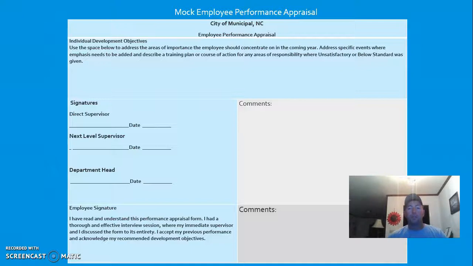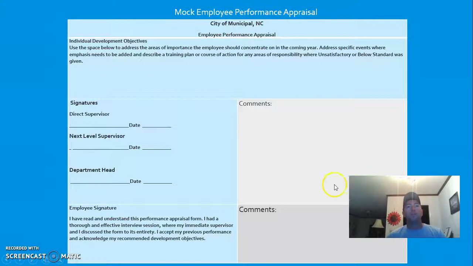The employee's signature also states that he or she accepts his or her previous performance and acknowledges the recommended development objectives. Signatures of the direct supervisor, next level supervisor, and director of the department are also needed at this time for documentation and filing purposes.